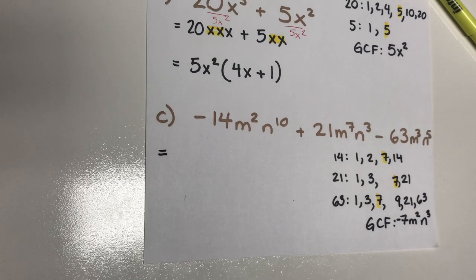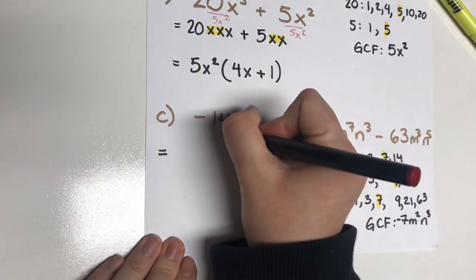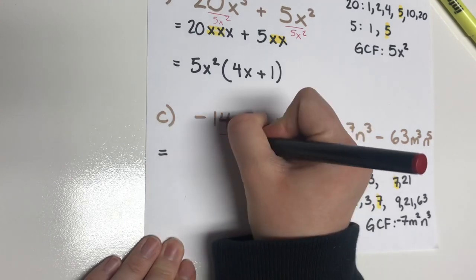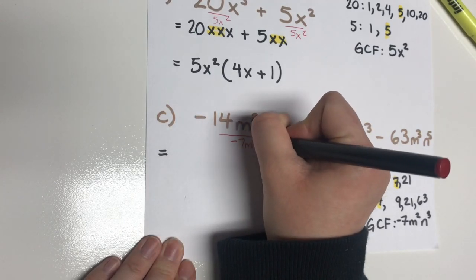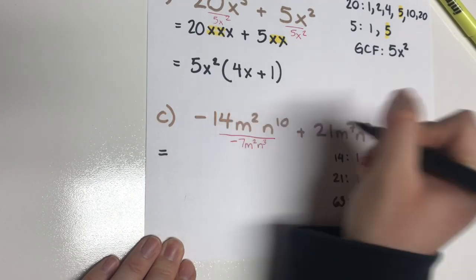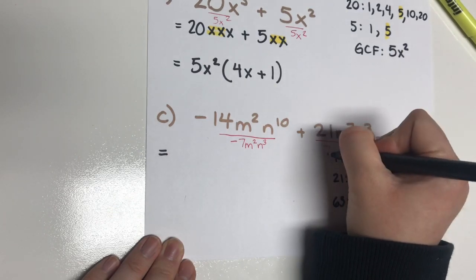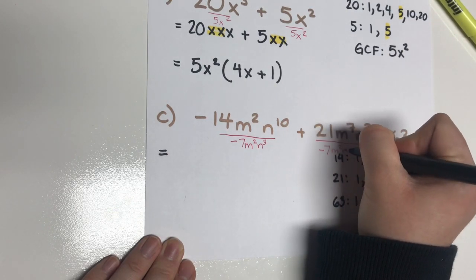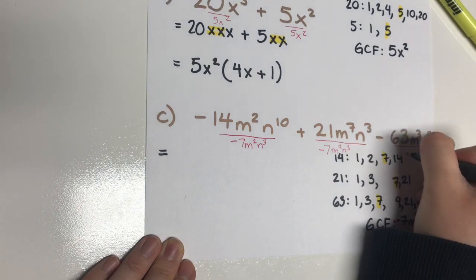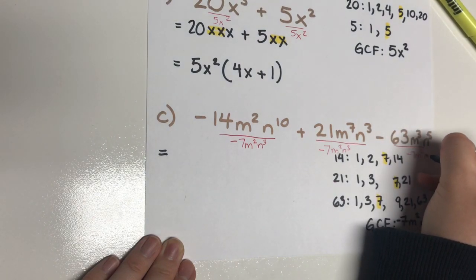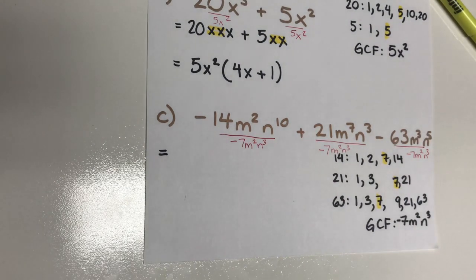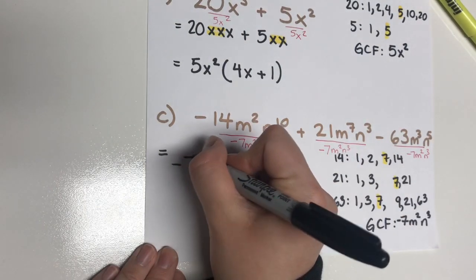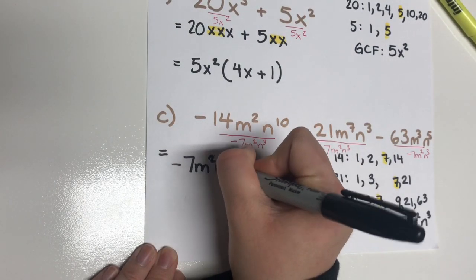So that's what I'm going to divide out. Every term I'm going to divide out negative 7m squared n to the power of 3. Okay, and that's what I'm going to bring over to the front, negative 7m squared n to the power of 3.